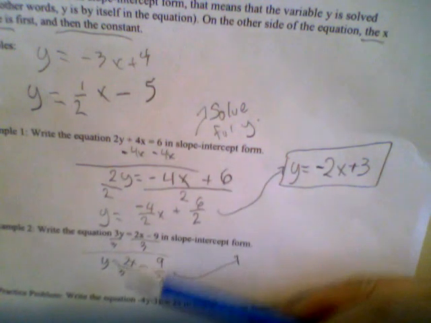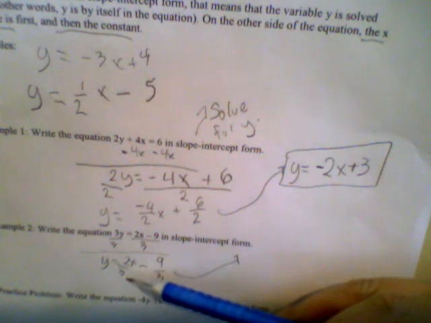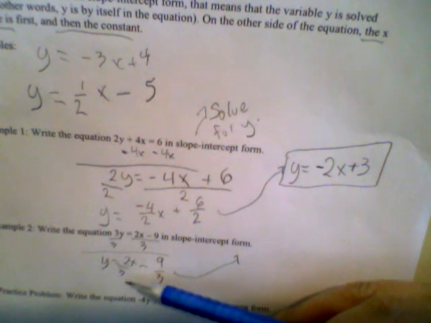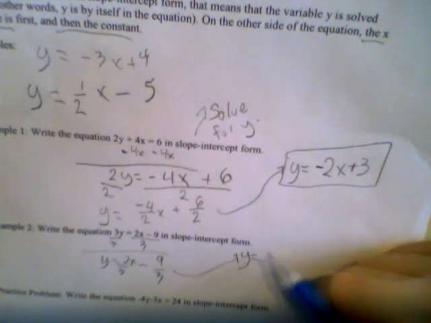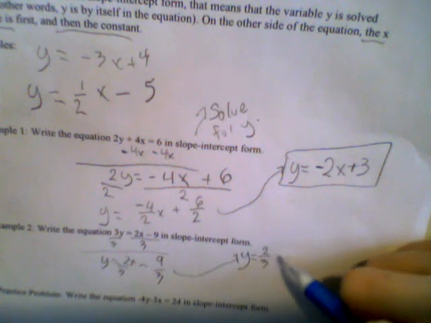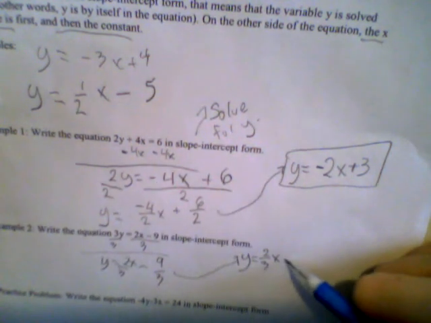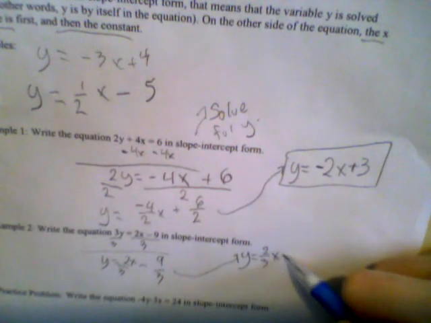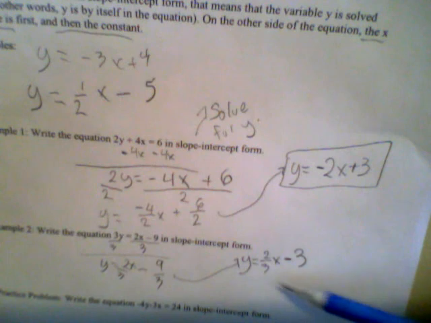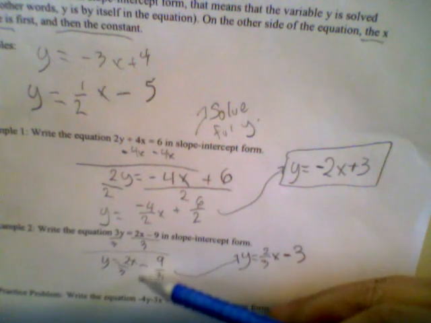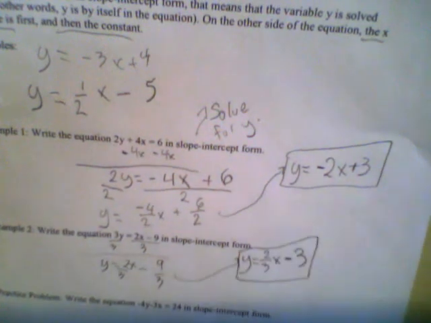If you get a fraction, just leave it as a fraction, but make sure that it's in simplest form. 2/3 can't be reduced, so I'm just left with 2/3 x. 9 divided by 3 is 3, so I'm going to have minus 3. So y is equal to 2/3 x minus 3. Don't forget to carry your negative. And that would be my final answer.